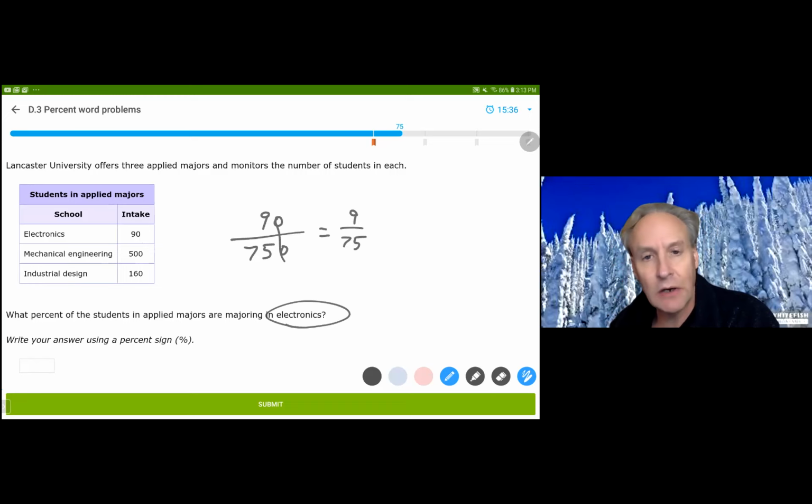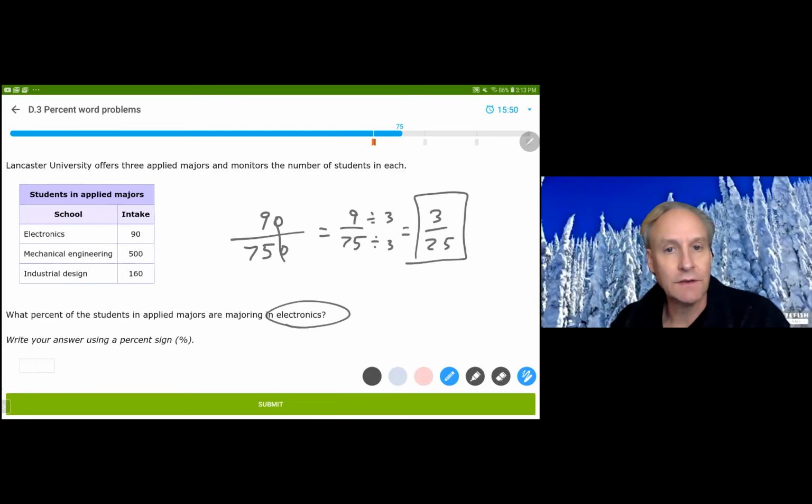Now, again, that's going to be hard to convert to a percent because I want to change it to hundredths. But notice that I can divide by 3, can I? And that's going to be 3 over 25. And I hope you guys know what to do next. You're just going to multiply by 4 over 4. That'll turn it into hundredths. And what do you get? You multiply by 4 because 4 is going to make that 25 into the 100, and 3 times 4 is 12%.